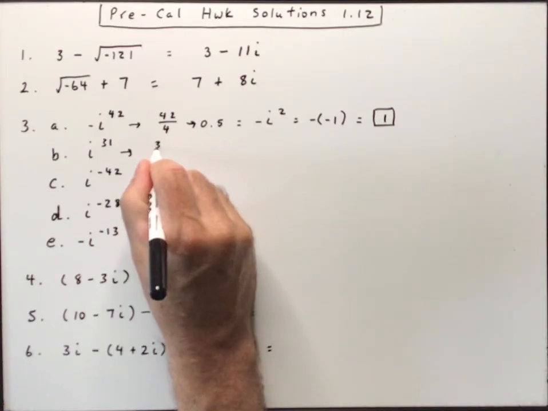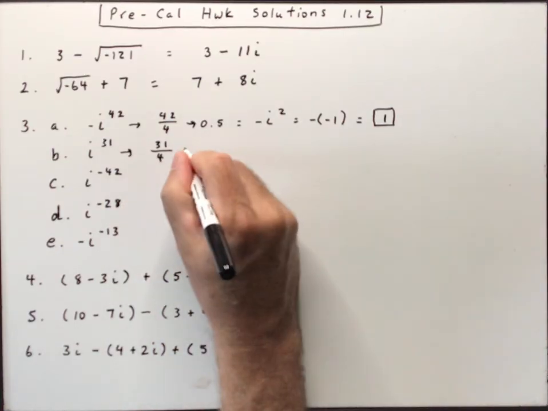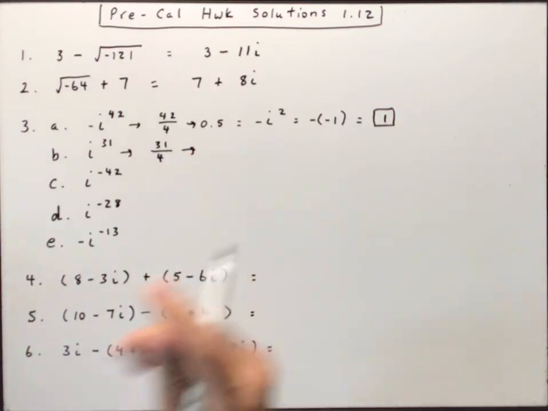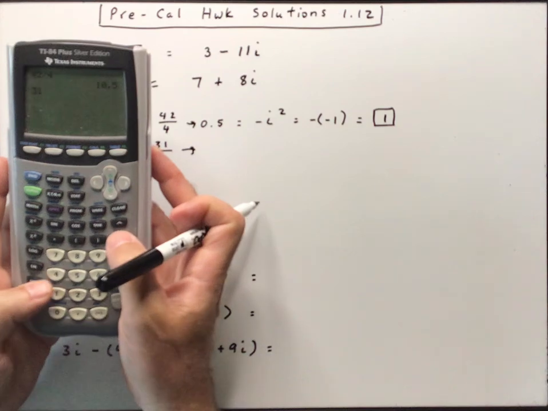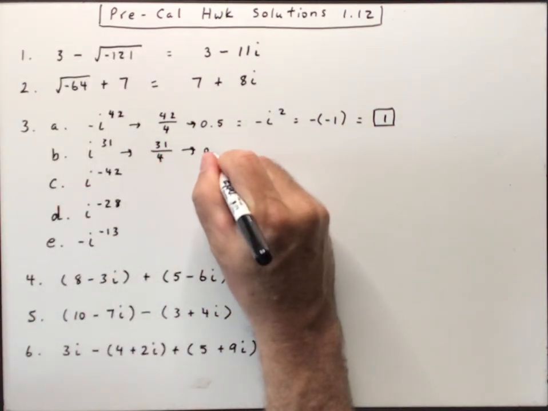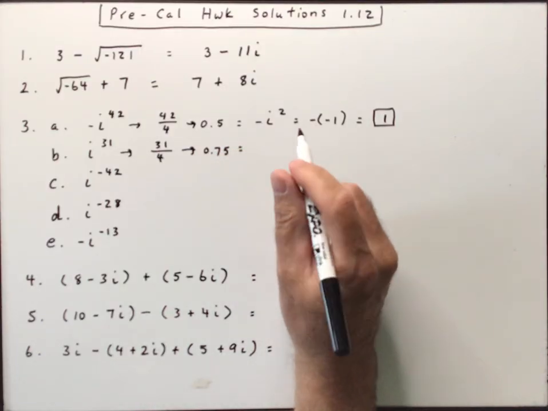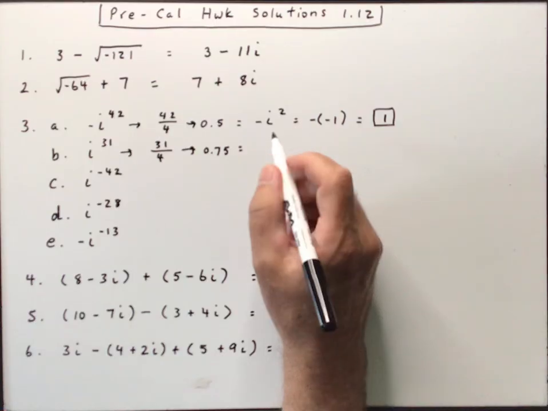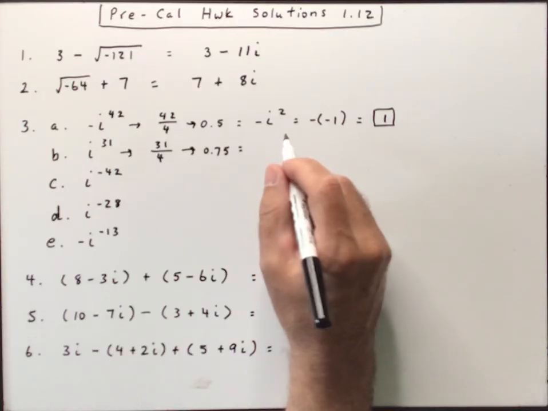All right, so let's take 31 on part B and divide it by 4. You put that in your calculator, and you're going to get 7.75, so 0.75 is the decimal part of that. 0.75 goes with i cubed, and you remember from your notes that i cubed is just the same as negative i.